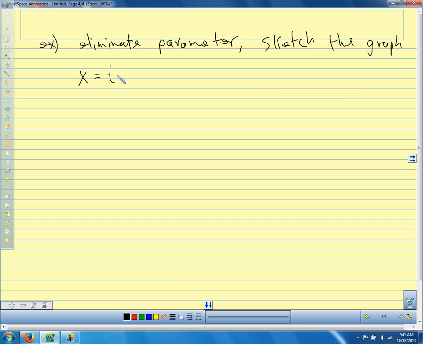x equals t minus 1, and y equals 2t squared minus 4t plus 1. So this one's a little easier. My domain is 0 less than or equal to t less than or equal to 2.